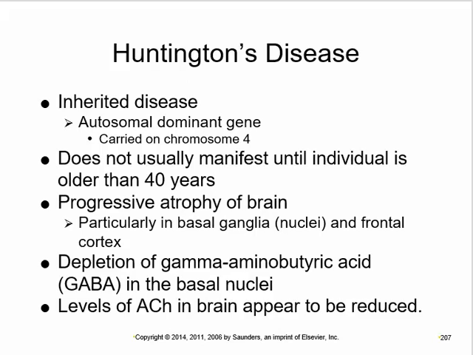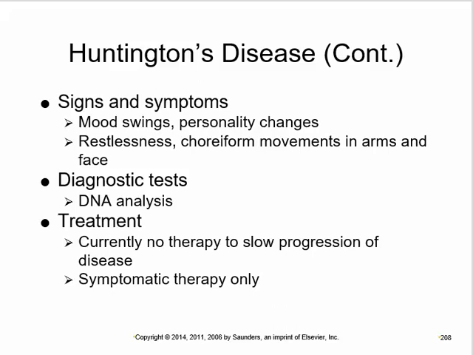Acetylcholine is very much involved with the autonomic nervous system. If it's more in the frontal cortex, we have mood swings, personality changes, restlessness. In the basal nuclei, you'll end up with these repetitive movements of arms and face. Chorea means dance-like.